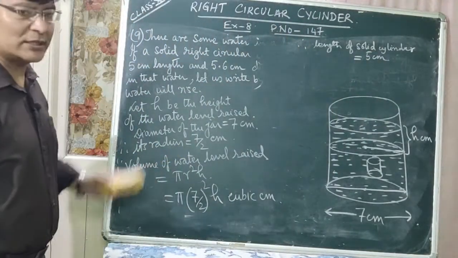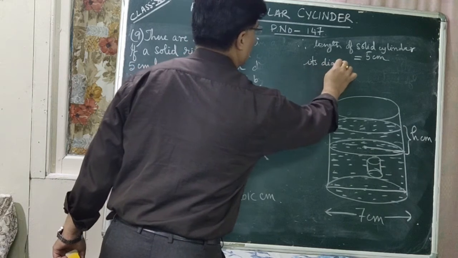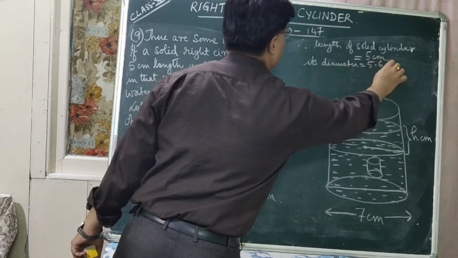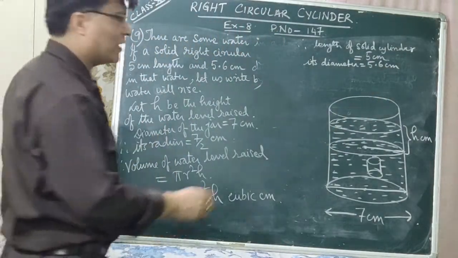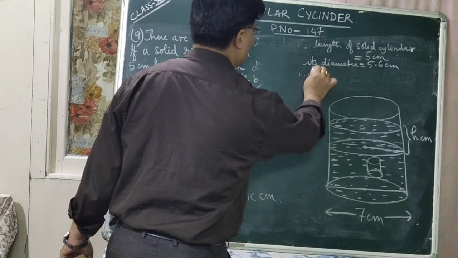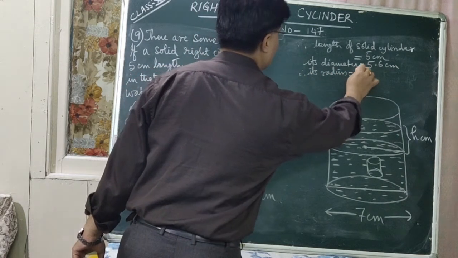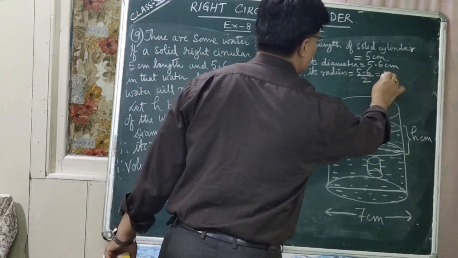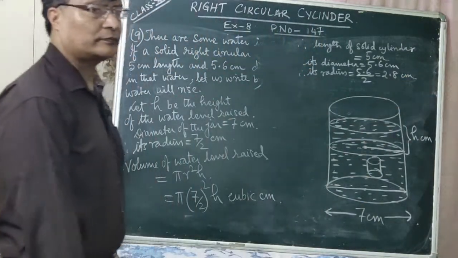Okay, what is its diameter? Its diameter is equal to 5.6 centimeter, isn't it? So now find out its radius. Therefore its radius is equal to 5.6 divided by 2, which is 2.8 centimeter.